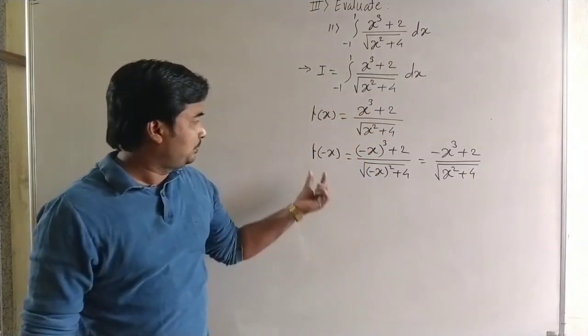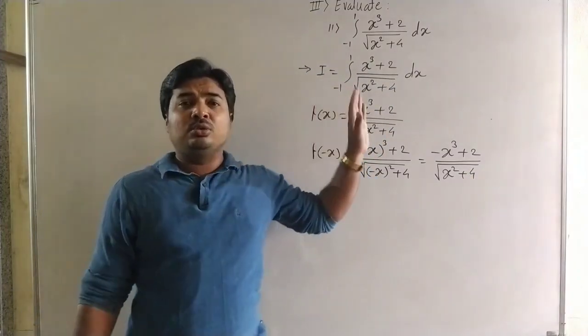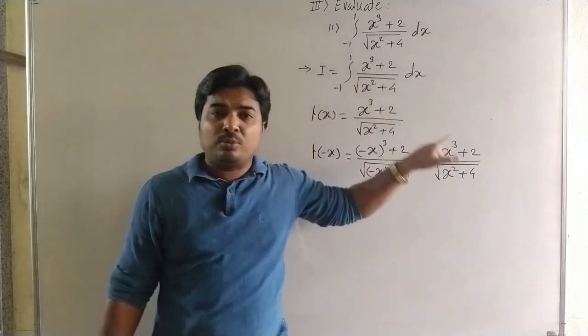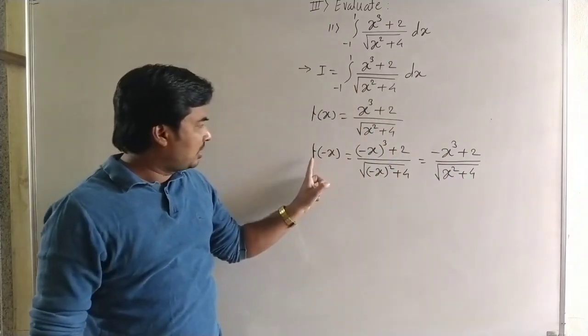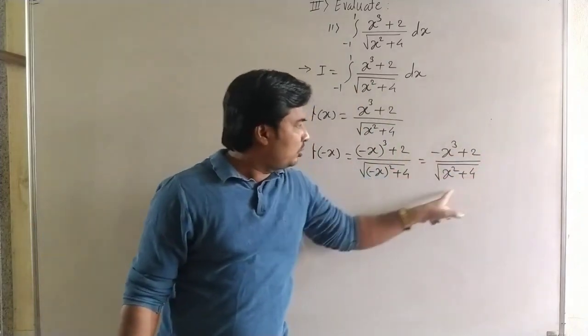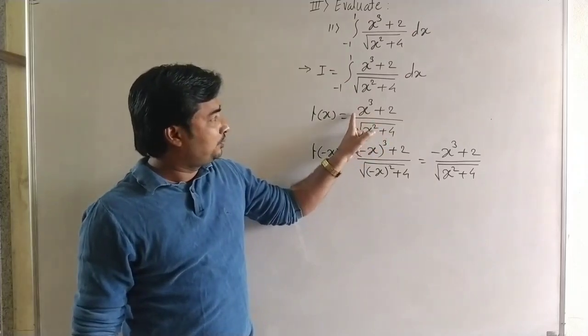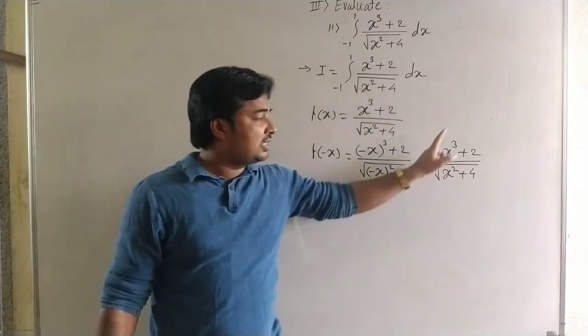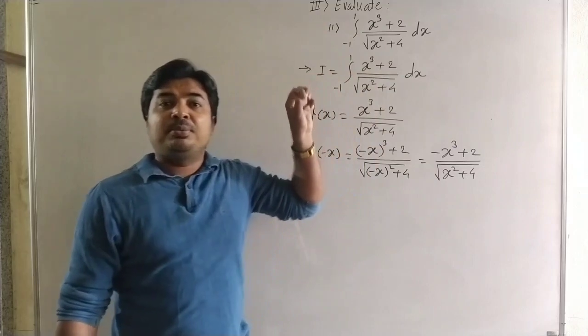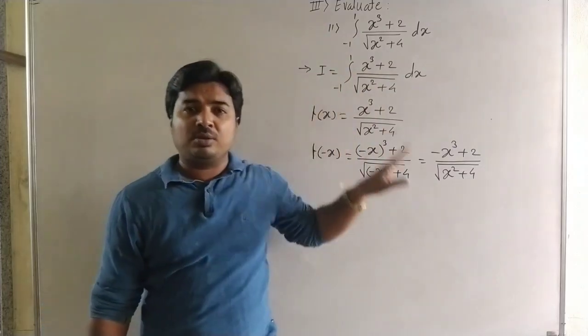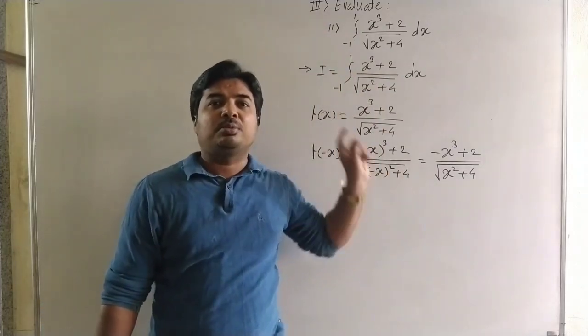Now see carefully, when f of minus x is equal to f of x, then it is an even function. But here f of minus x is not equal to f of x. f of x is x cube plus 2, but here it is minus x cube plus 2.